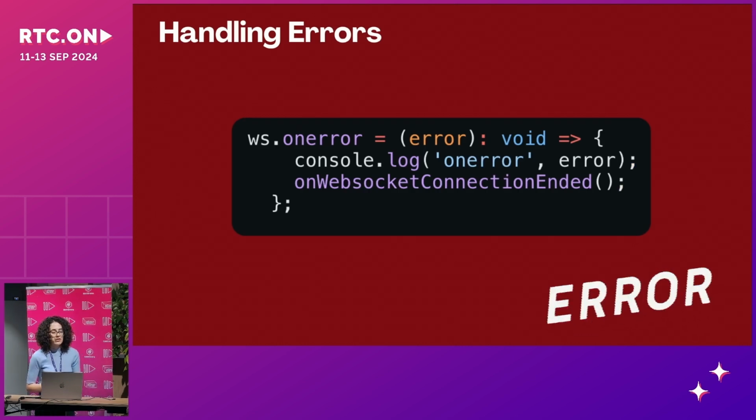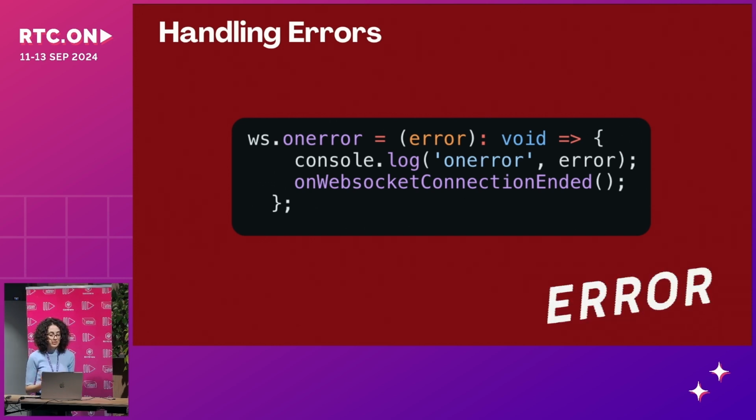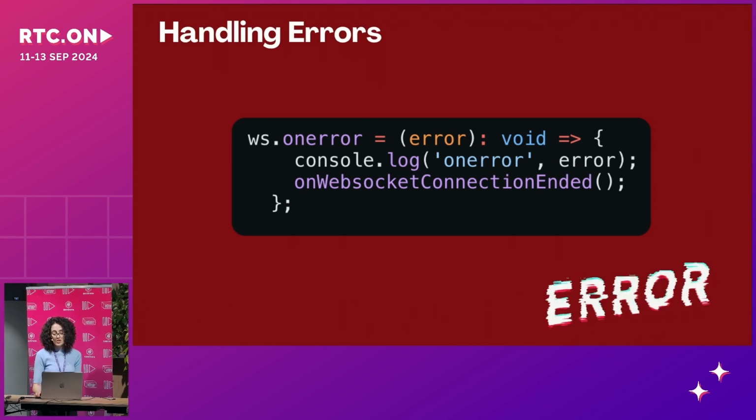If for some reason there is an error on our app, either due to poor internet connectivity or internal server error, the onError function will be triggered, and this will initiate the connection termination by triggering onWebSocket connection ended.